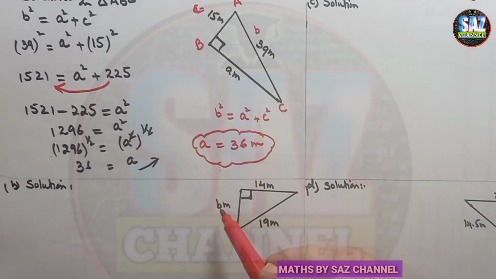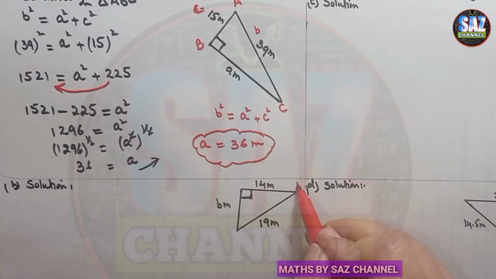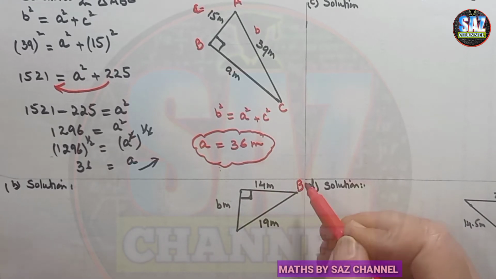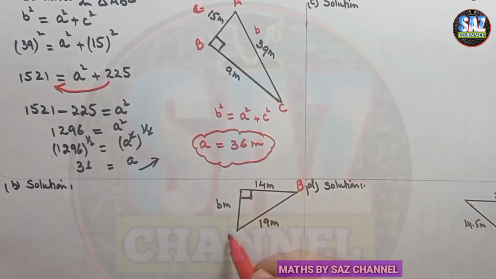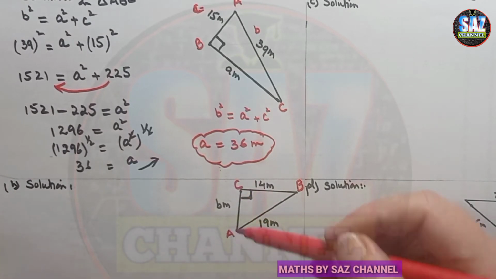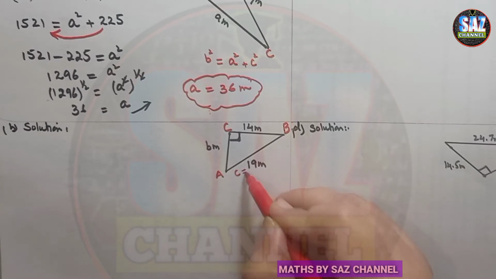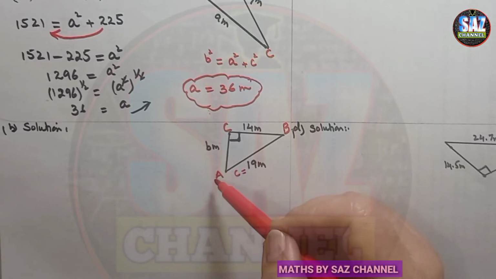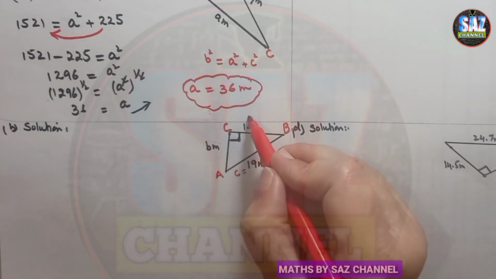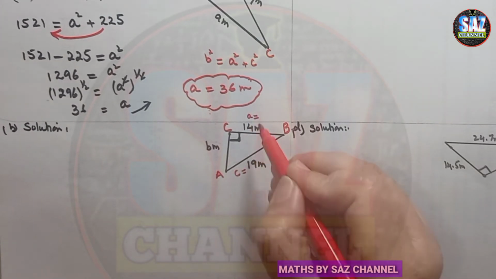As this is B, the opposite vertex will be B, and the rest can be taken as A and C according to your choice. This is C, so the opposite length will be C, and this vertex is A, so the opposite length will be marked with letter A.